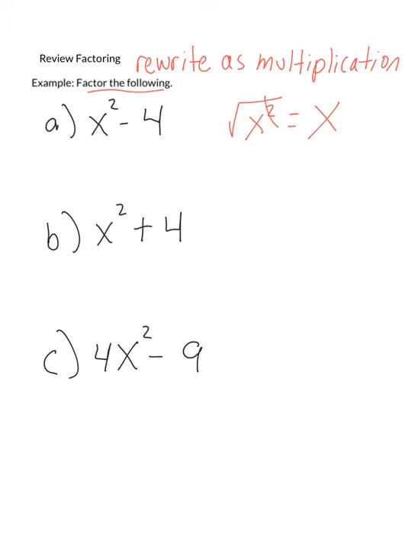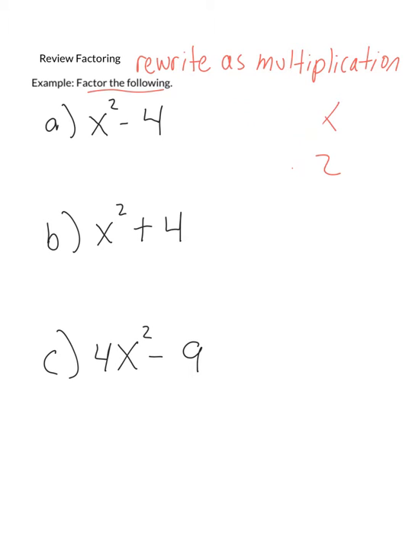If I look at after the minus symbol, the 4 is also a perfect square because the square root of 4 is a nice whole number answer of 2. What times itself is 4 is 2. So when I do the square root to both terms, I notice that they are both perfect squares. X squared is a perfect square of x.